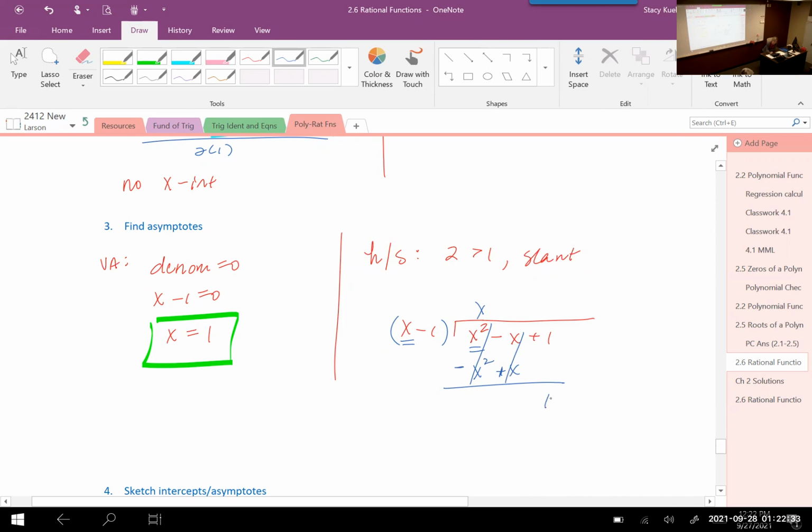I really only have one left, okay? So 1 is less than what I have out here, so I don't have any more division to do. I'm interested only in this part right here. So I have a slant asymptote at y is equal to x.